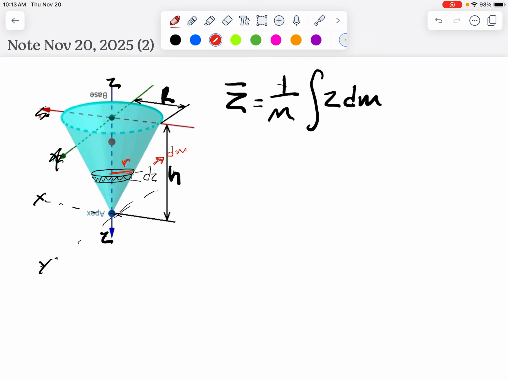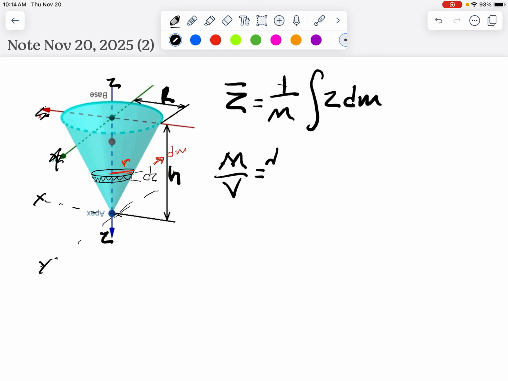So how do we relate dm to dz? Well, the whole mass over the whole volume is a constant value. It's got uniform density, so mass over volume is a fixed number.